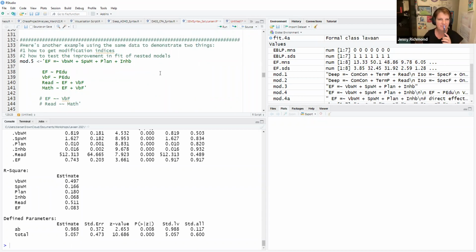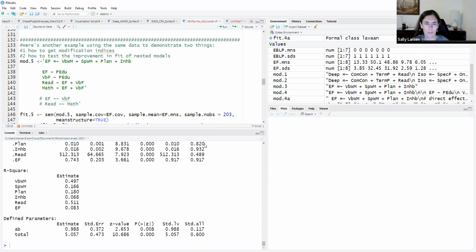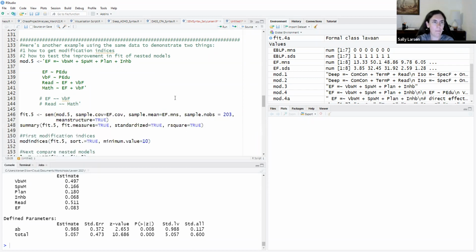Okay, cool. So one of the things that you will come up against if you do go down the path of doing structural equation models is something called modification indices. So if you get poor model fit, you can ask whatever package you're using to give you modification indices, and they will give you some kind of indication of how much better your chi-square statistic will be if you build in other pathways in your model.